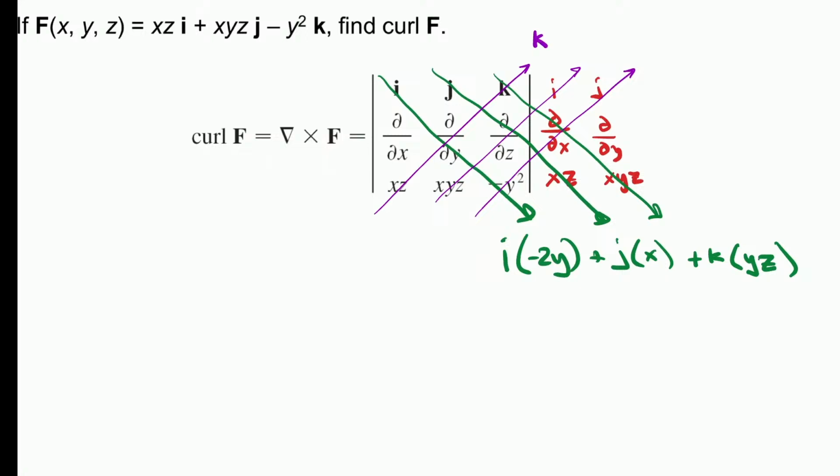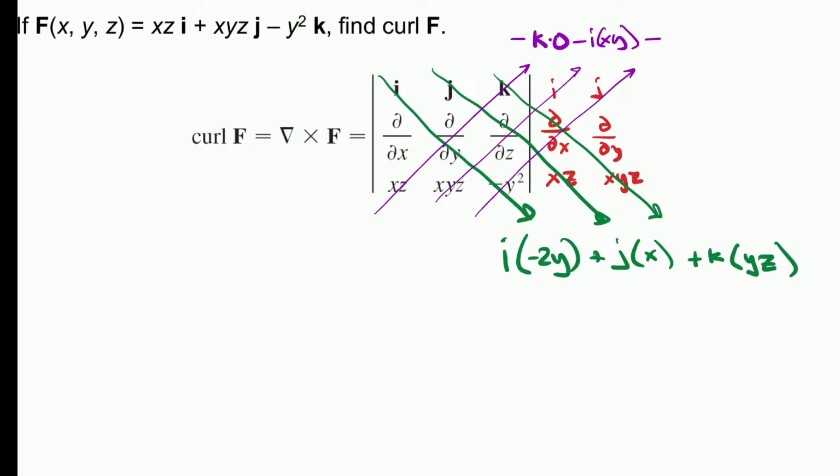I'm going to write it down, though, just to emphasize: k times 0. And then this next one is going to be i times the derivative with respect to z of that x, y, z. What's the derivative with respect to z of xyz? Very good. So i times xy, and these are all going to be minus, because they're the up arrows.